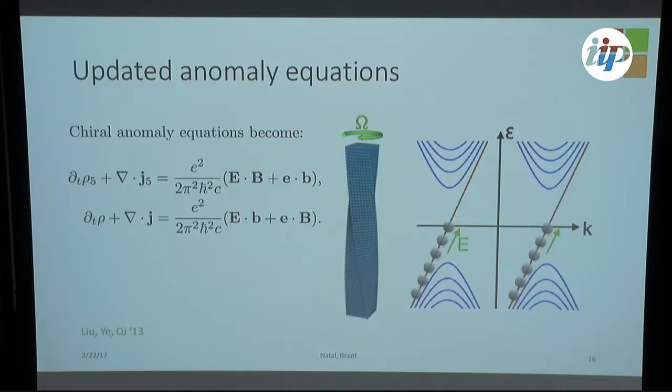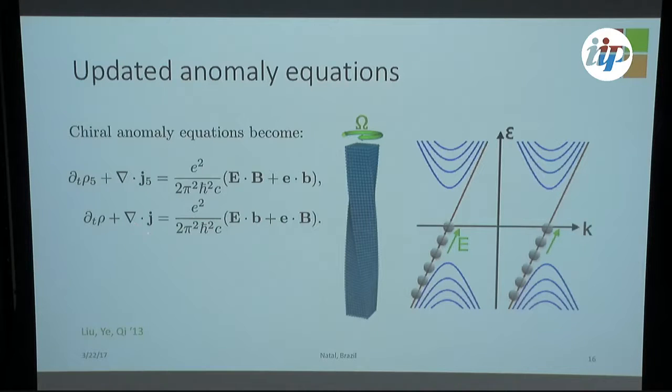When you replace either the magnetic field or electric field with this pseudoelectric or pseudomagnetic field, which is opposite in the 2 Weyl nodes, then of course the anomaly equation should mean not opposite generation of particles in the 2 Weyl nodes, but the same.